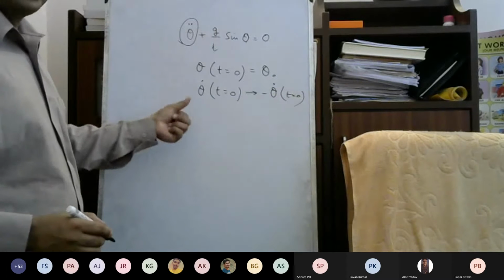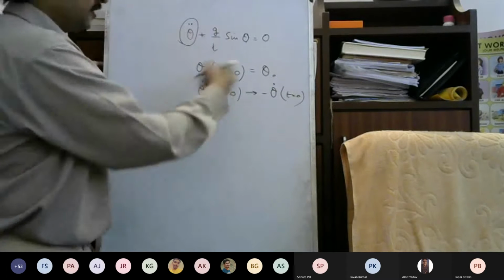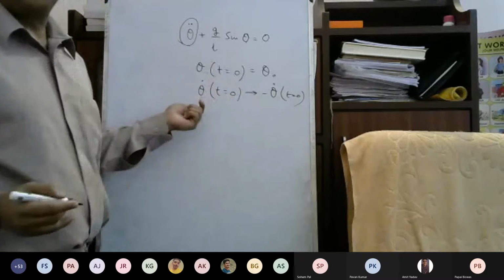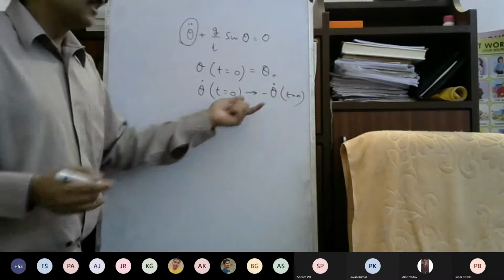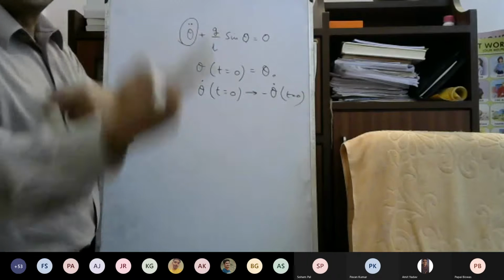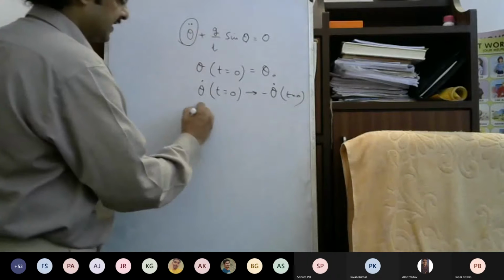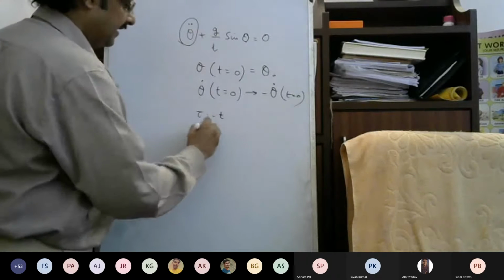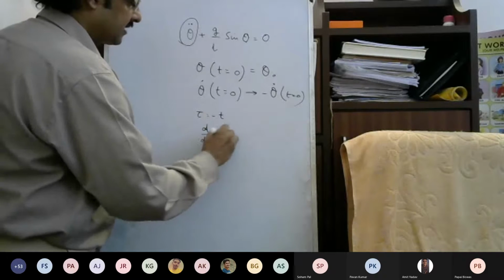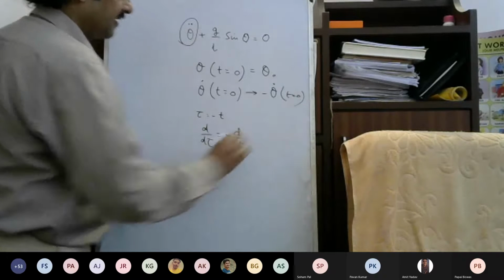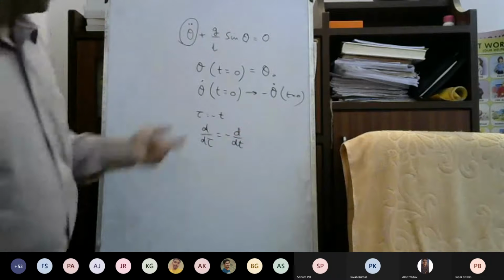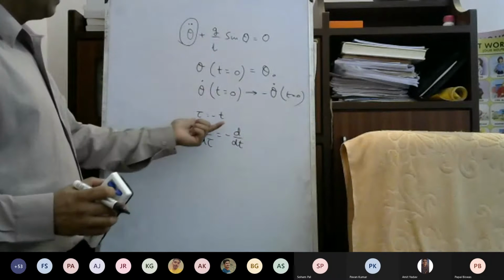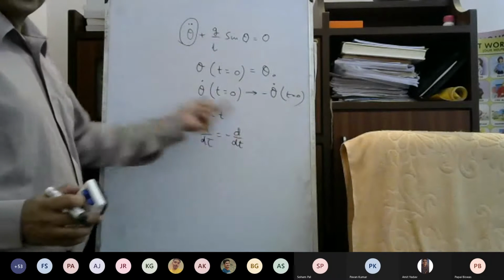Because time is changing to negative time, the first derivative with respect to time becomes negative because t is changed to minus t. If you consider, let us say, tau equal to minus t, then d d tau becomes minus d dt. So that is what I am doing throughout here when I mean that time is changed to negative time.